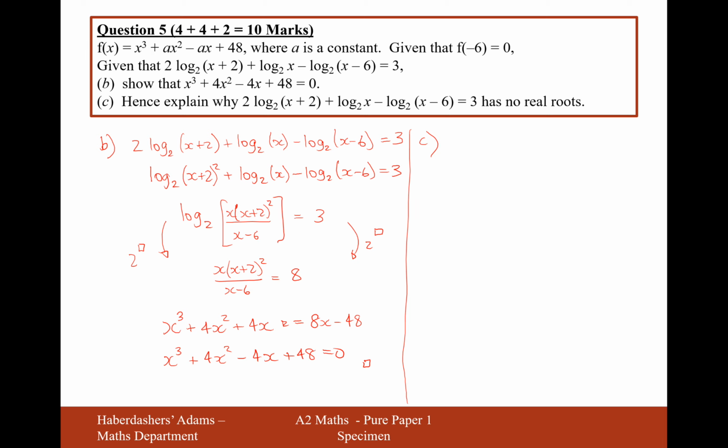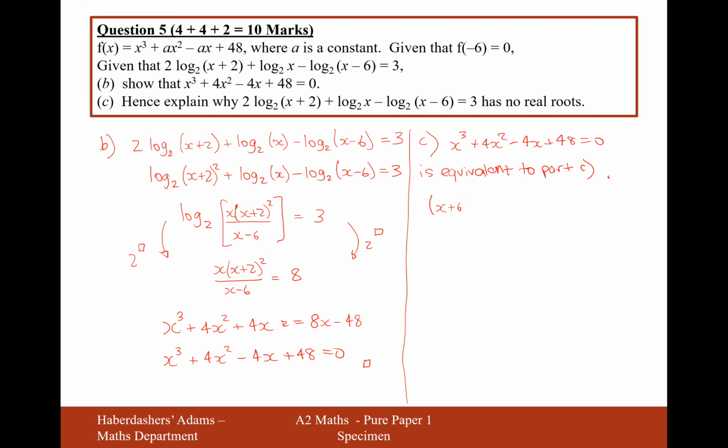Part C: hence explain why this equation has no real roots. Well, we know that this expression here is equivalent to the expression from part B, so x cubed plus 4x squared minus 4x plus 48 equals 0. Now we can factorise it. We know how this factorises.